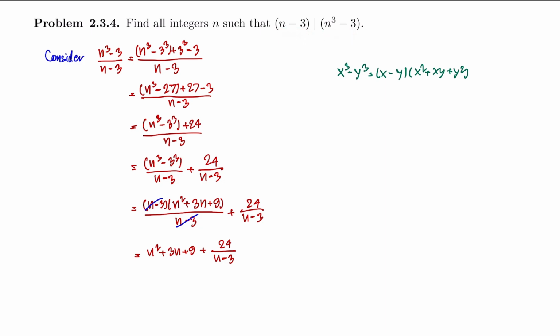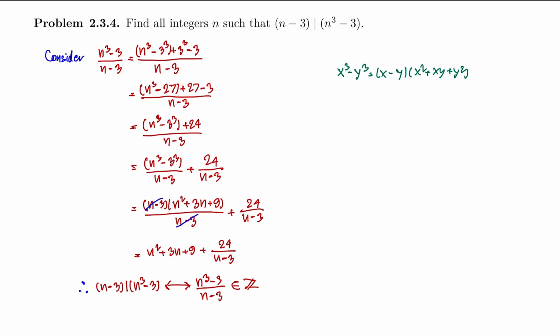If you take a look at this, we have this term as an integer, but this other term is an integer only for some integers n. So from now on, if you want n minus 3 to divide n cubed minus 3, you have to find integers n such that n cubed minus 3 divided by n minus 3 is an integer.